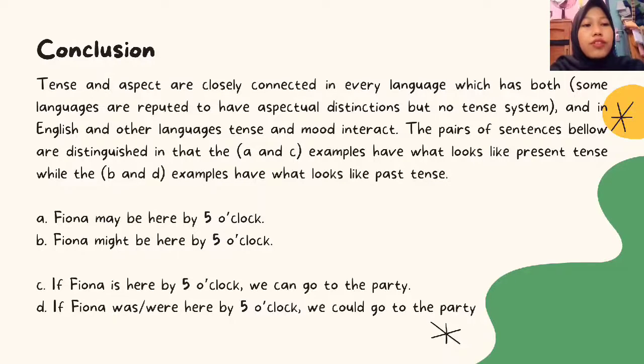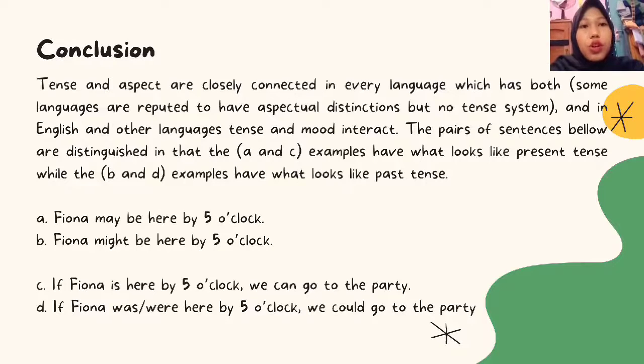The pairs of sentences below are distinguished in that the A and C examples have what looks like present tense, while the B and D examples have what looks like past tense. A. Fiona may be here at 5 o'clock.